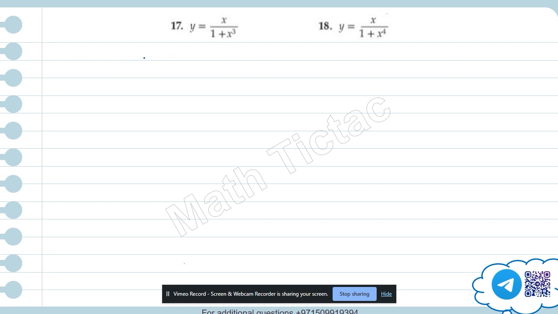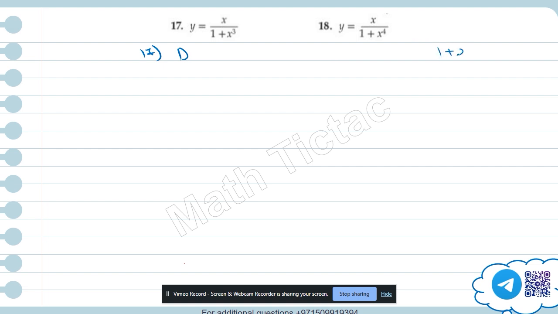First of all, the domain. Since we have a rational function, it will be R minus the zeros of the denominator. Now, the zeros of the denominator: I will take the denominator aside, 1 plus x cubed, and make it equal to 0. I'll take minus 1 over here, so x cubed equals minus 1.